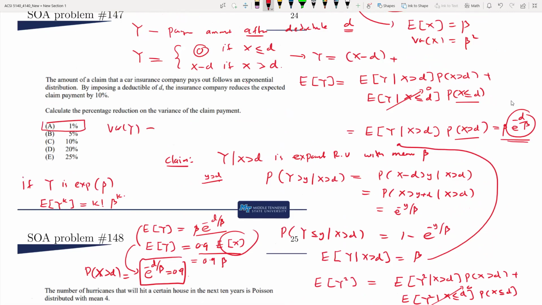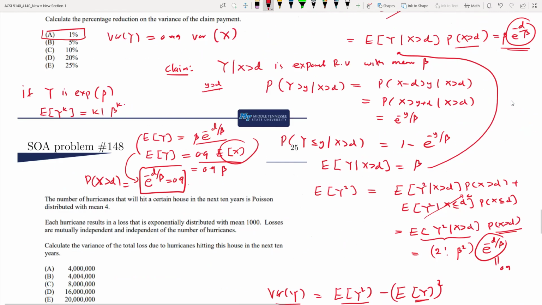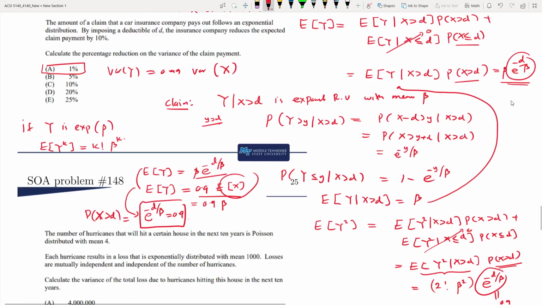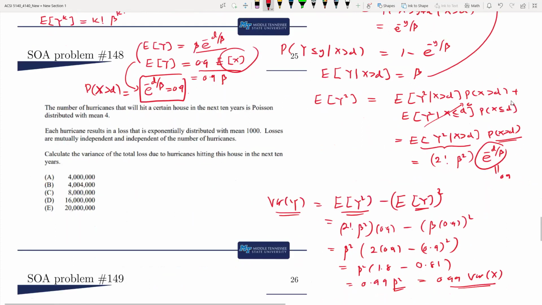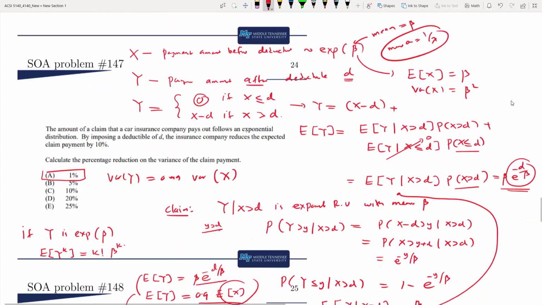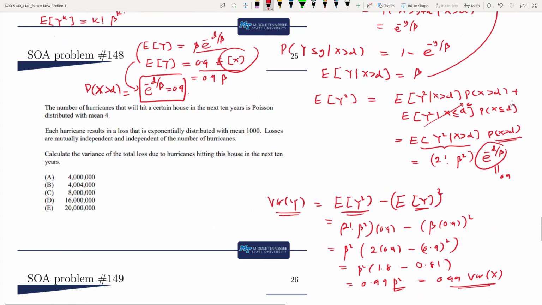This is before we apply the deductible. So I guess it's a little bit longer than what we think, but anyway we have to go through the explanation. The explanation may be very short. You can read it and see whether you can understand it too. Maybe that is easier to understand. Anyway, okay, so now we are ready to go to the next problem, SOA 1 point.